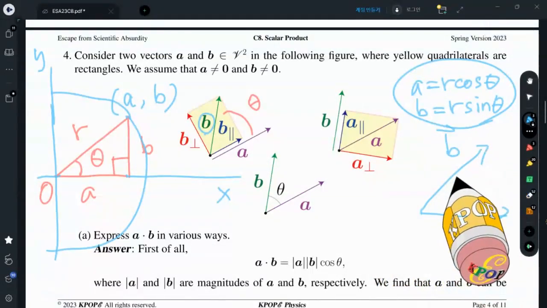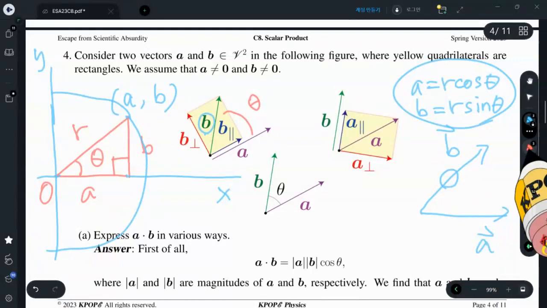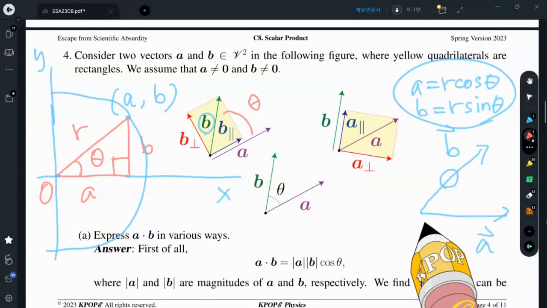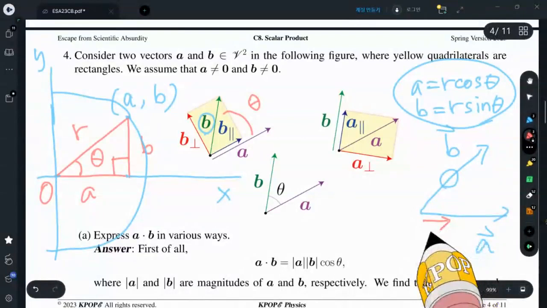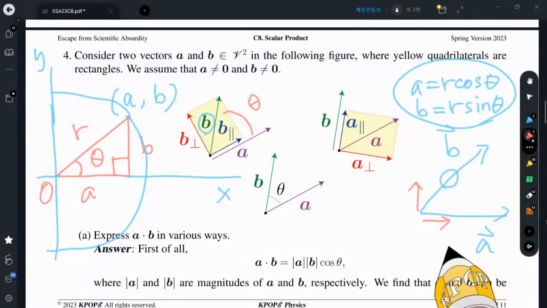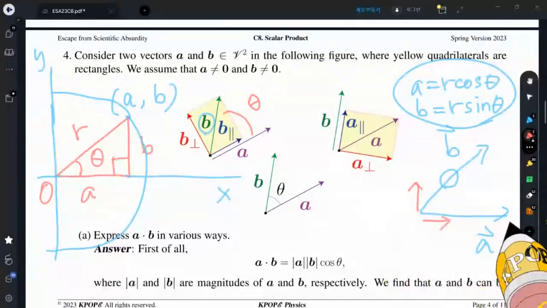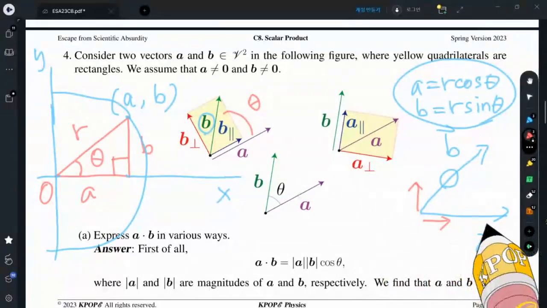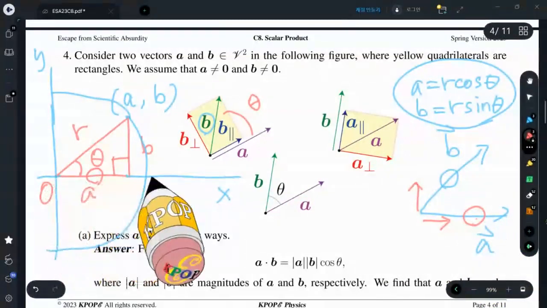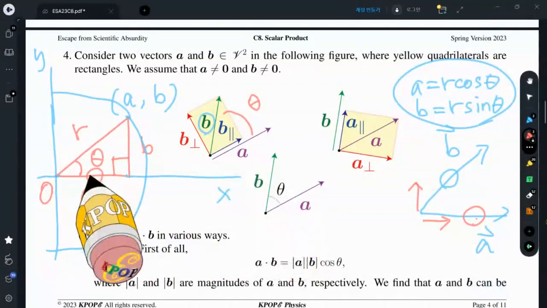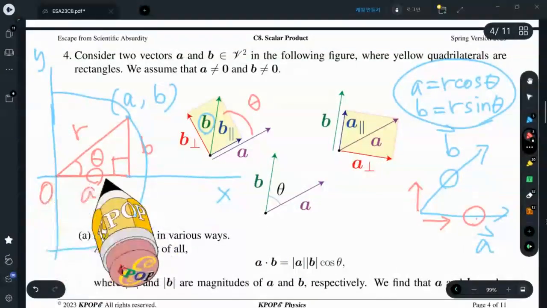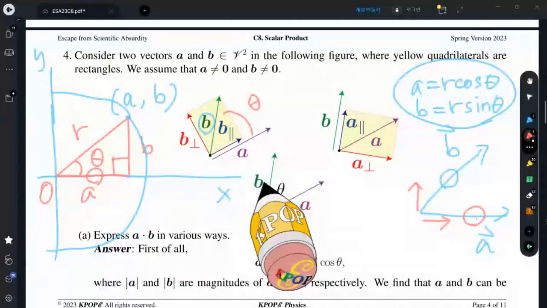I'd like to express this vector B in terms of the basis vector that is parallel to A and perpendicular to A. What I have done is just move this one here and let this side A be on the x-axis.